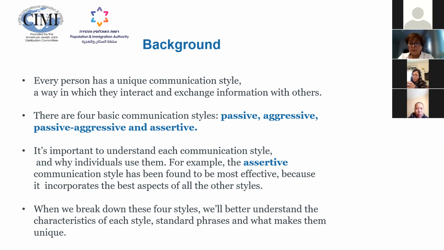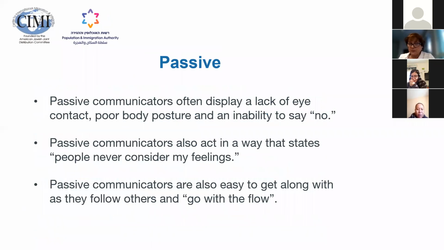For example, the assertive communication style has been found to be the most effective because it incorporates the best aspects of all the other styles. When we break down these 4 styles, we'll better understand the characteristics of each one, standard phrases, and what makes them unique. We'll begin with the passive.